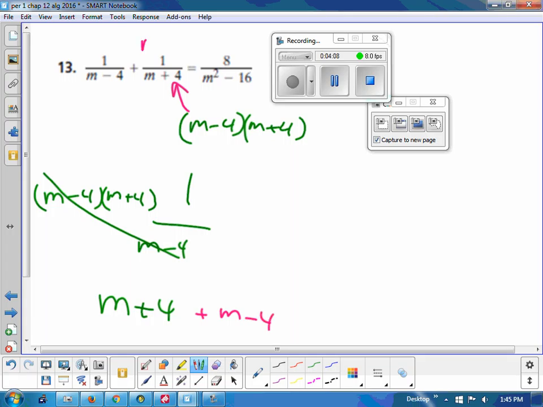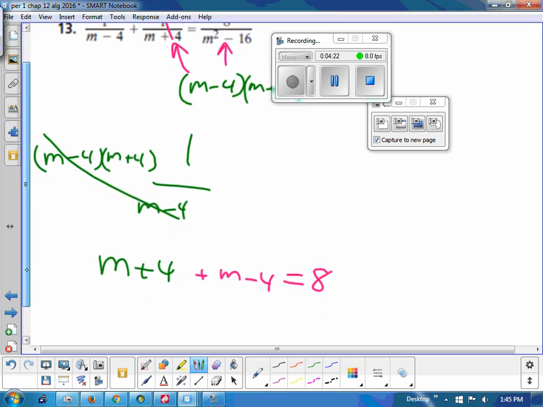So if I multiply this by m plus 4, m minus 4, these cancel, and you're left with m minus 4. Then the last one already has the m plus 4, m minus 4. We just need the 8. Once you do that, m's added together are 2m, equals 8, because the 4's go away.